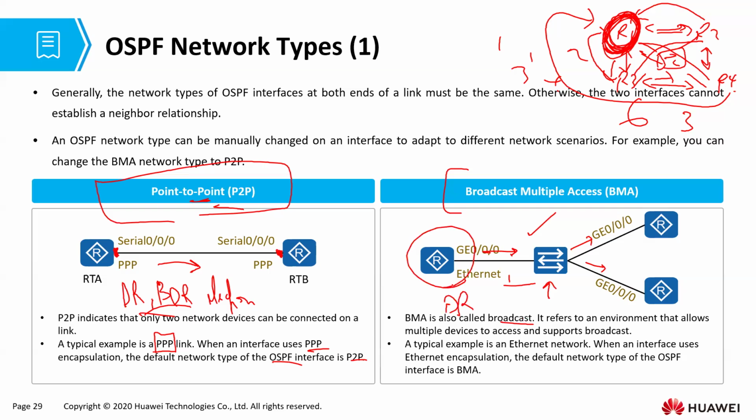The DR will be responsible for flooding, and only this one. Once we receive from the DR, then this one will flood, this one will also flood. So in the case of a broadcast multi-access, there will be a need for the election process.